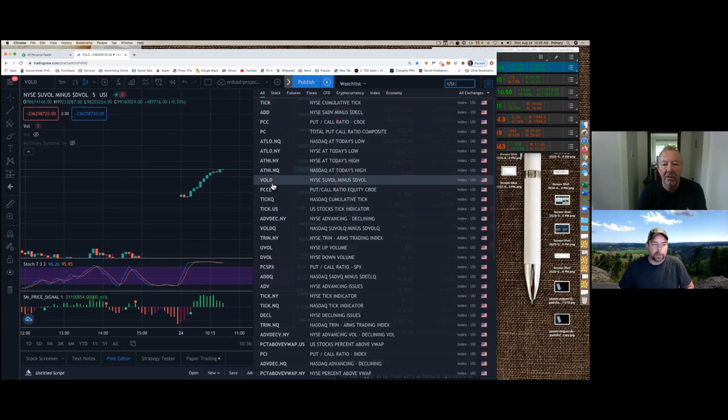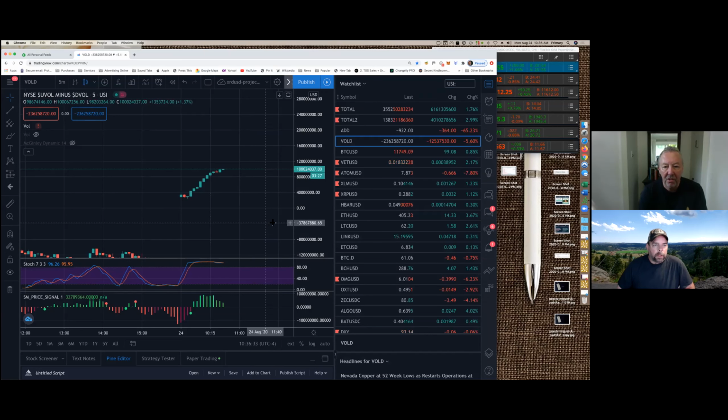Yes, and the VOLD is the same as the TOS $VOLD, the up volume minus the down volume. Nice. You have to type in USI colon first, which is kind of odd, but you can get everything, including tick. And they've got the up down volume for the NASDAQ and everybody else here.